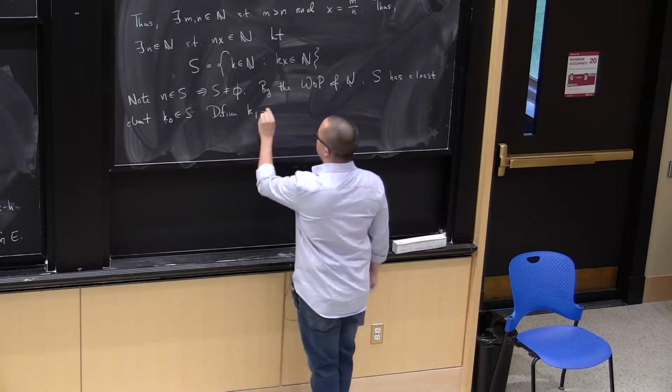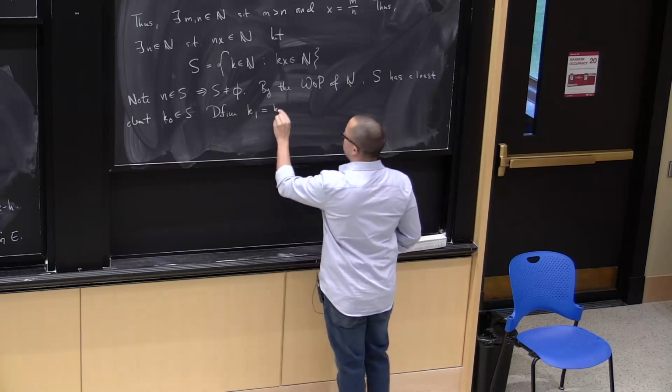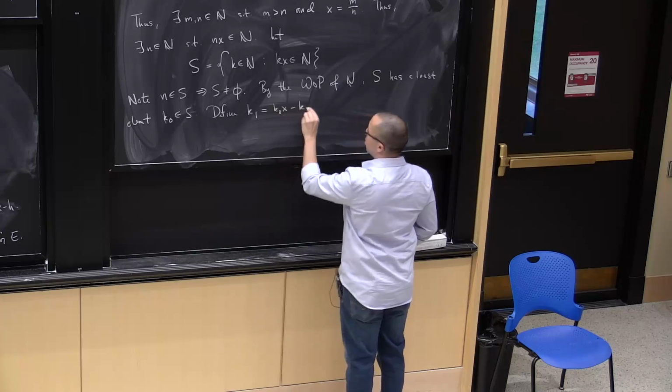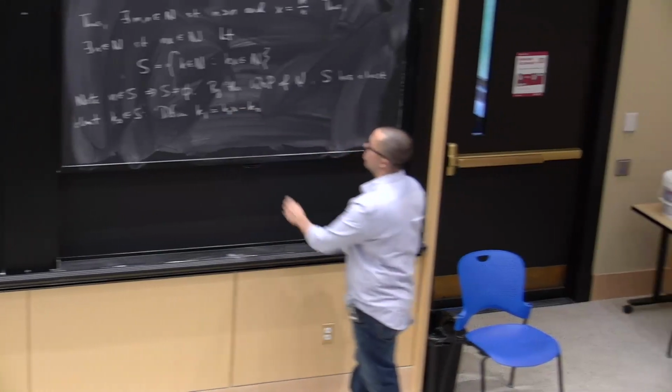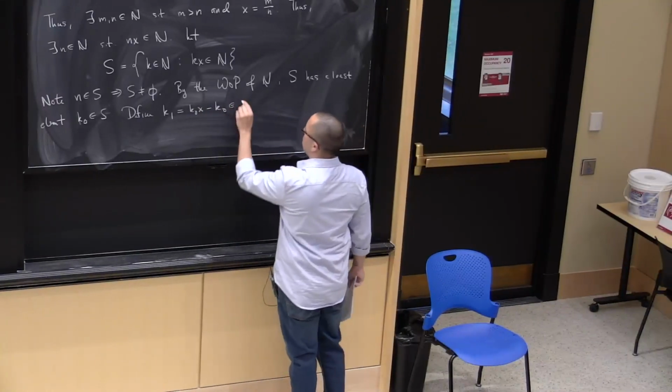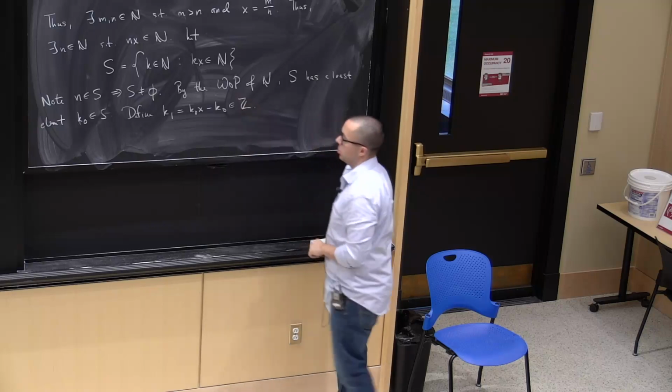Define K1 to be K0x minus K0. And note, this is an integer. Why?